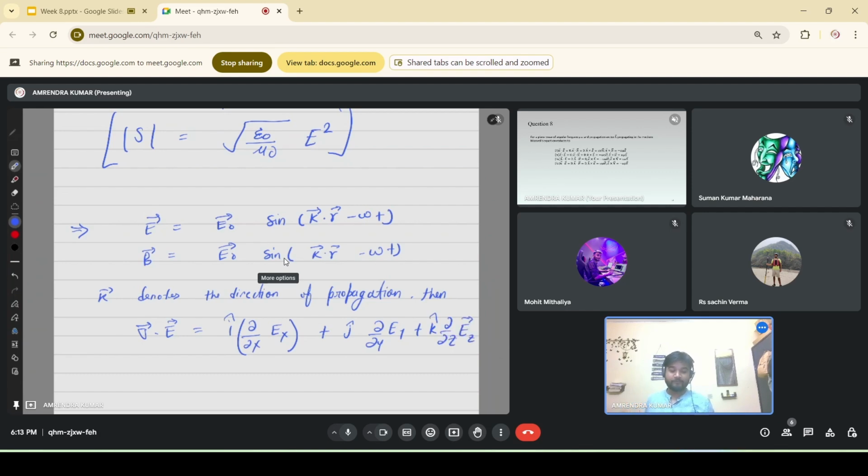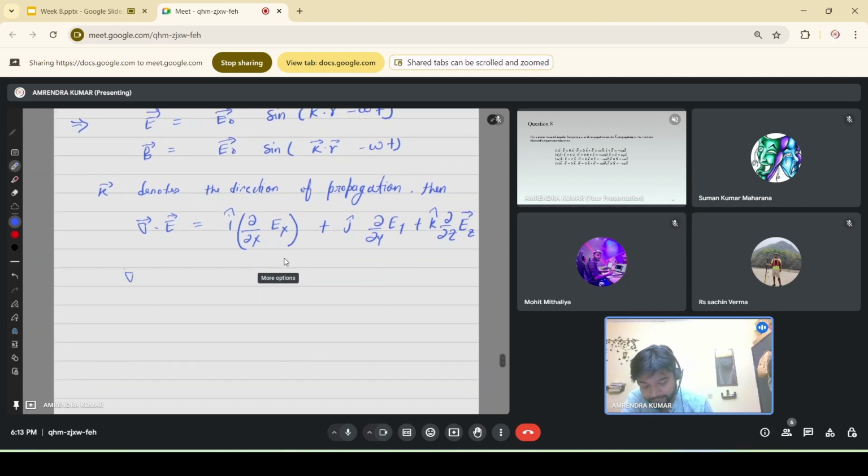Okay, but if we are thinking in terms of spherical coordinates, the divergence can be taken as, since E naught is a constant, it will come out. So the only thing that will remain here is sine of k dot r minus omega t.